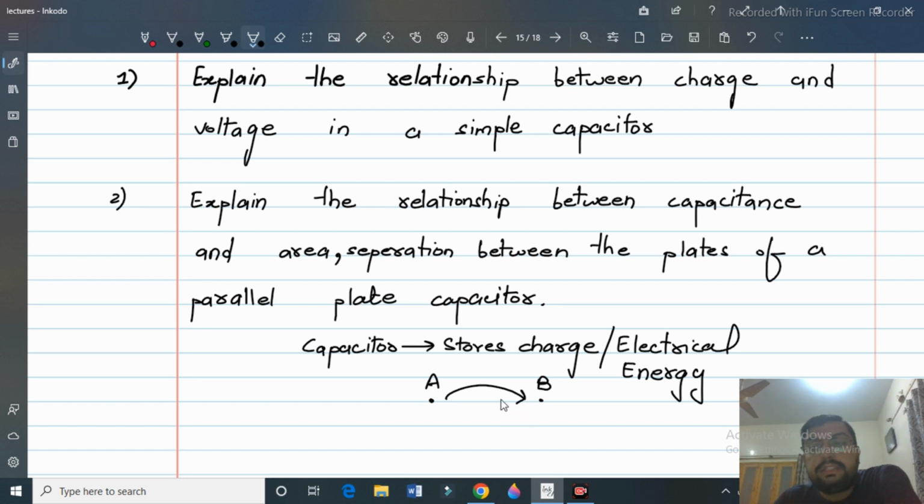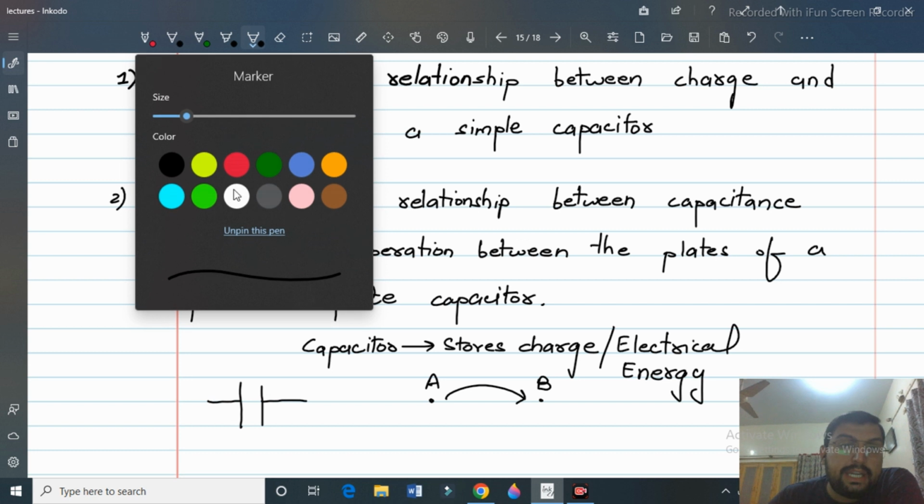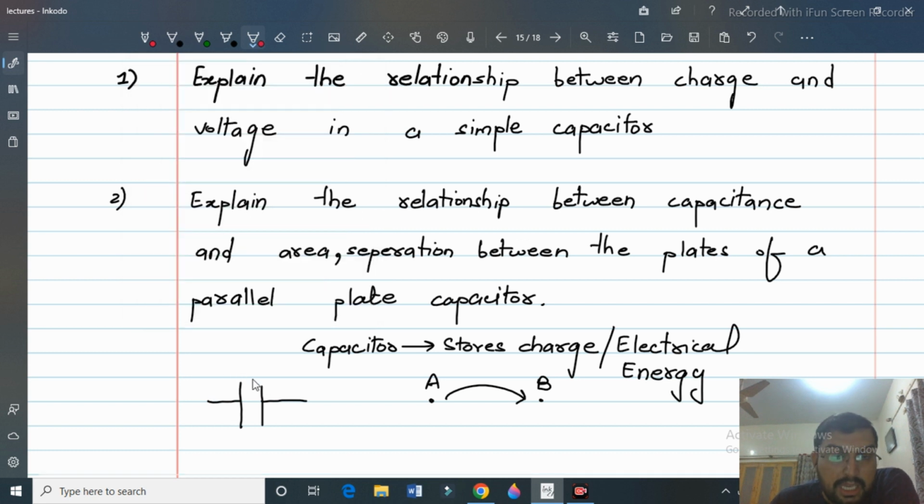Capacitors have many different types, but what type of capacitor will we discuss in this lab? We will discuss the simplest capacitor, the parallel plate capacitor. It contains two metal plates that are separated by some distance d from each other.